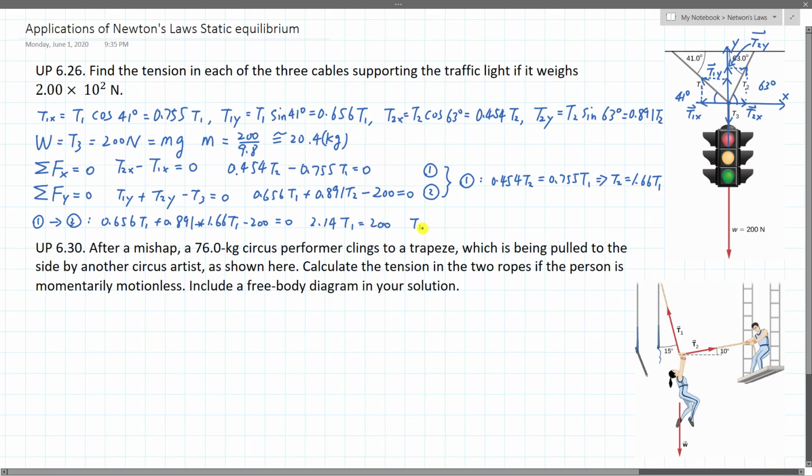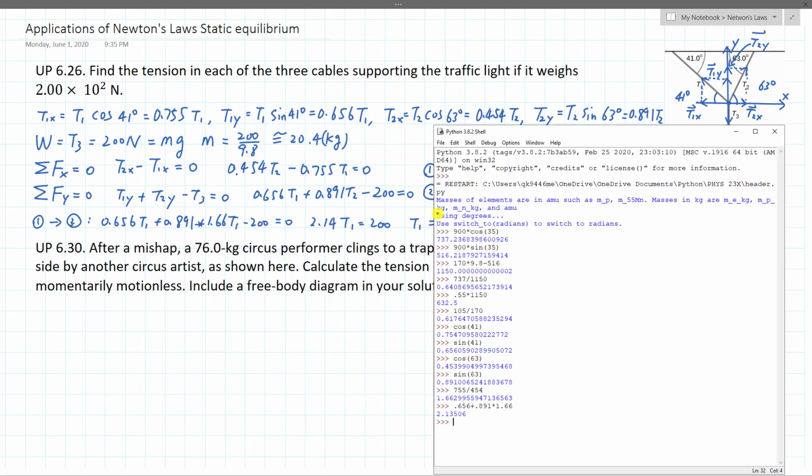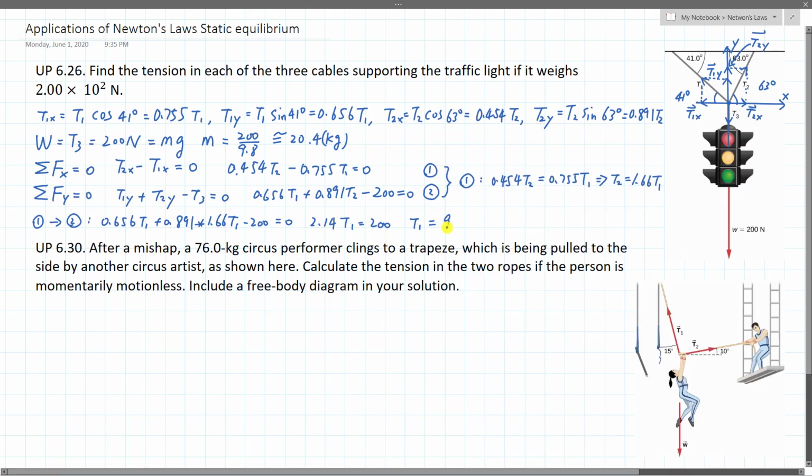So then T1 is equal to 200 divided by 2.14. So T1 is 93.4 if I round it, 93.4 newtons. And then I can take this and just plug it back into that substitution to get T2.